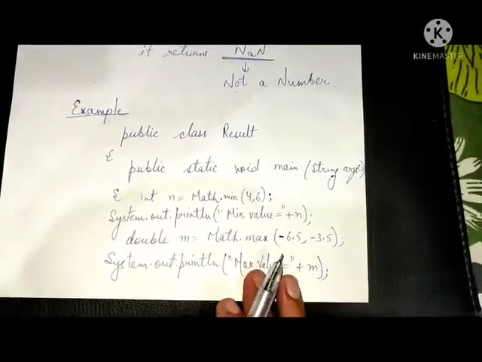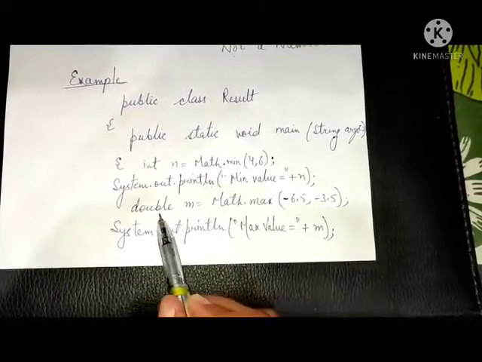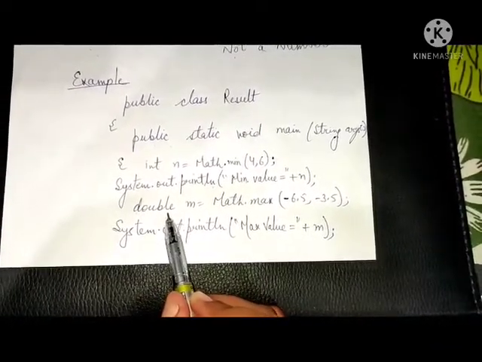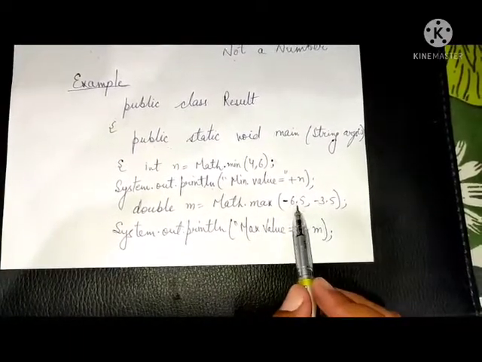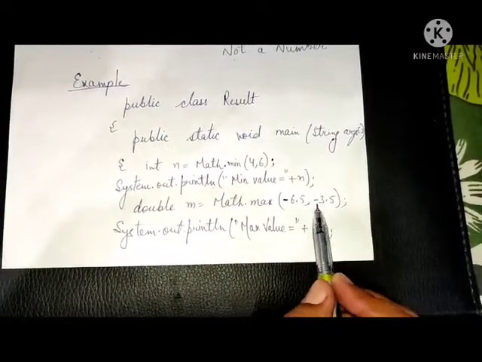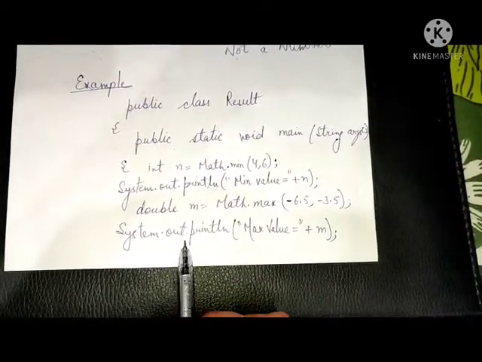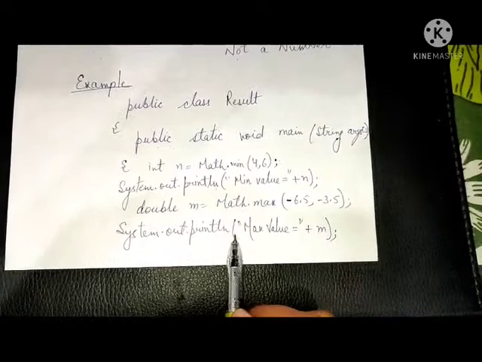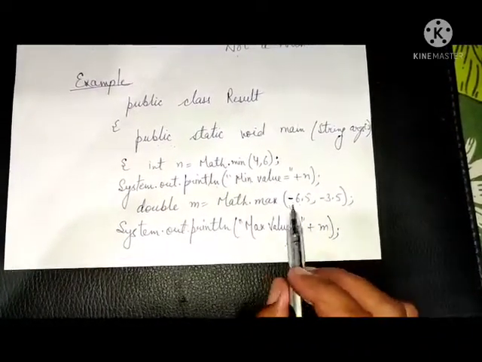Now I am taking the example of max and I have to declare return type as double because I am passing the double values. So from this, which one is the max value? Minus 3.5. It is stored into m, and system.out.println is used to display the value of the m, that is the maximum value out of these two values.